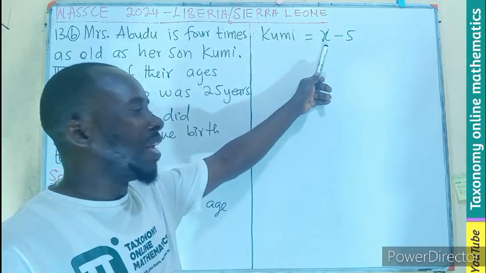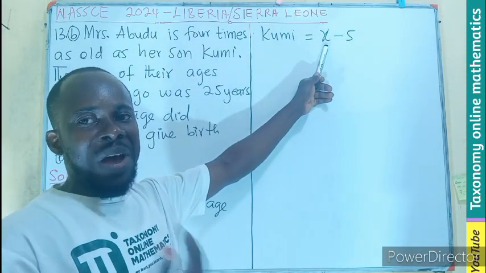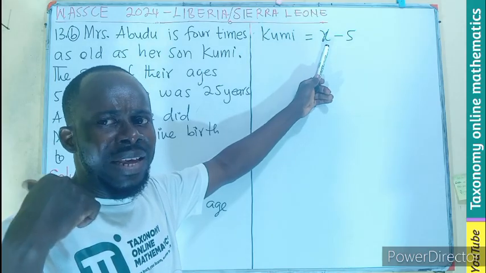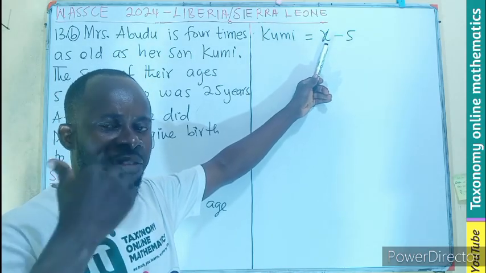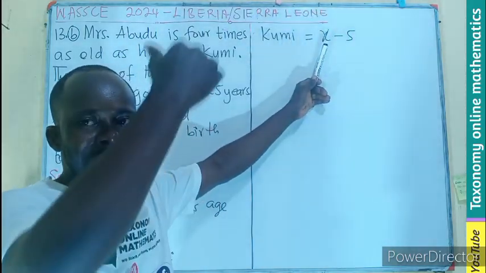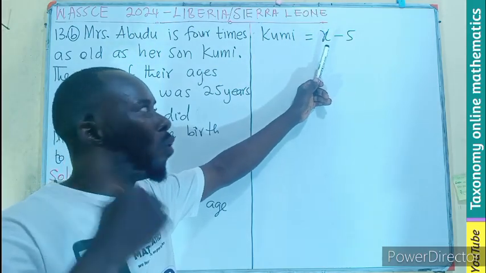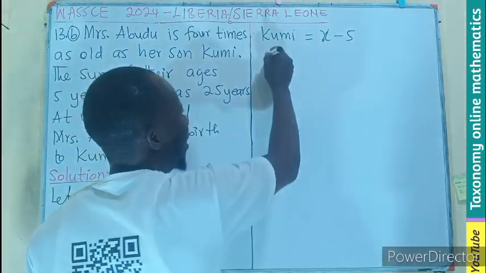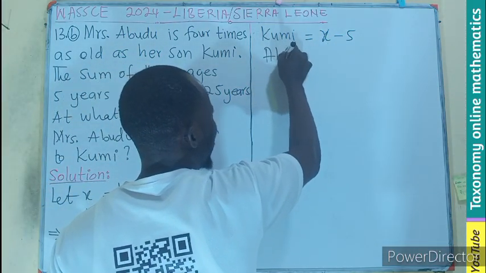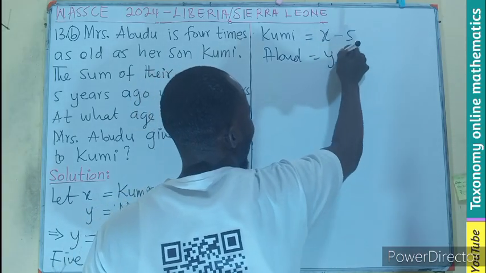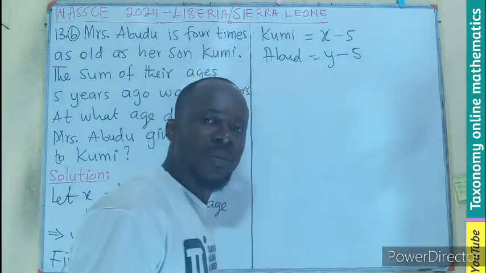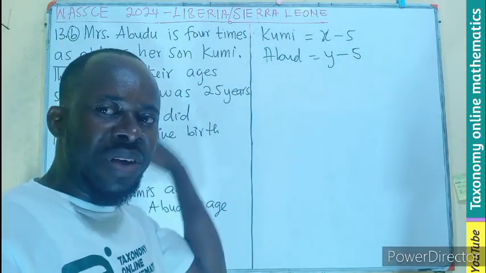So imagine x is 15. It means 5 years ago, Kumi will be 10 years old. After 5 years, Kumi will add the 5 years back to it. So for ago, we subtract. Then Mrs. Abudu will also be y minus 5. This will be their ages 5 years ago.